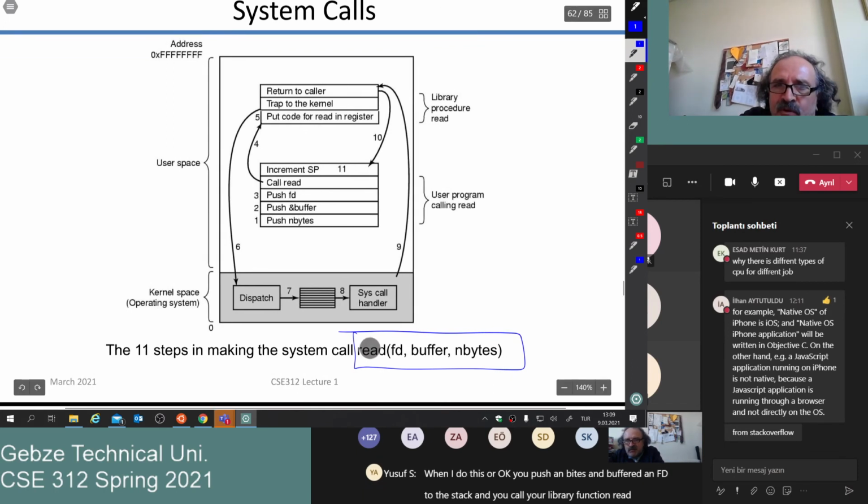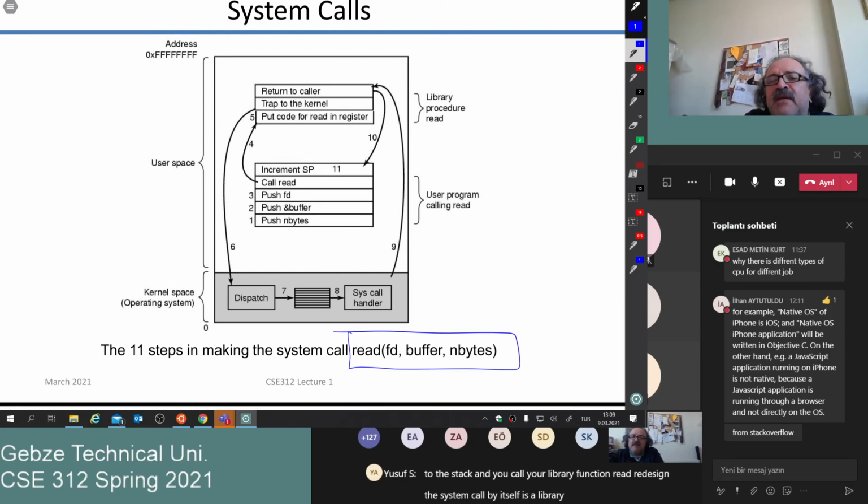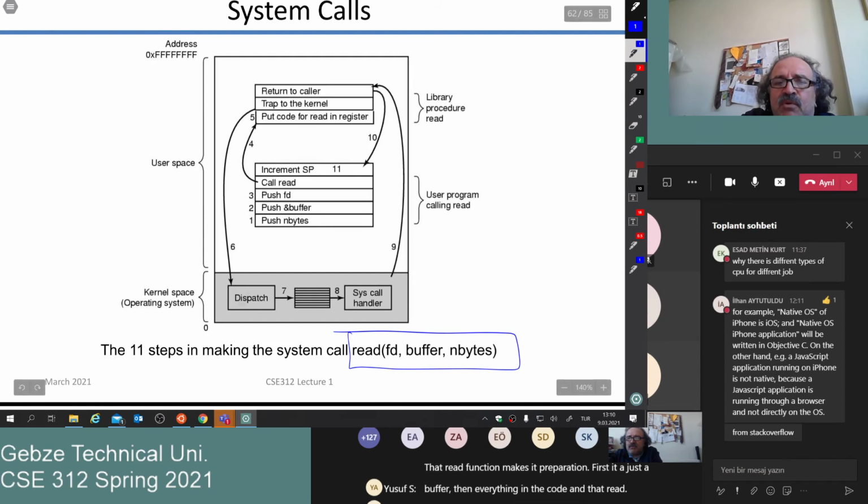Read is not a system call by itself, it's a library function in the user space. That read function makes a preparation first. It adjusts the buffers and everything in the code. And that read library function makes a system call.